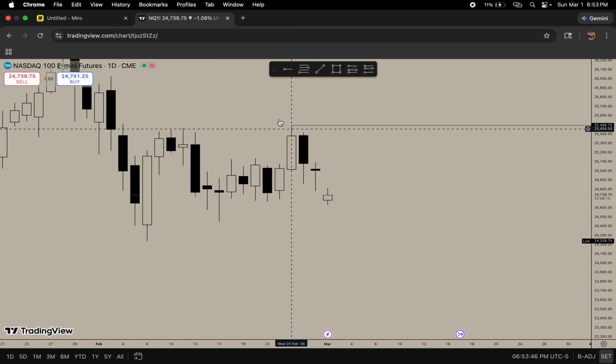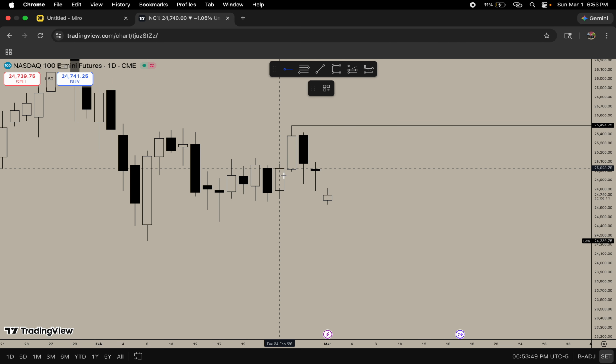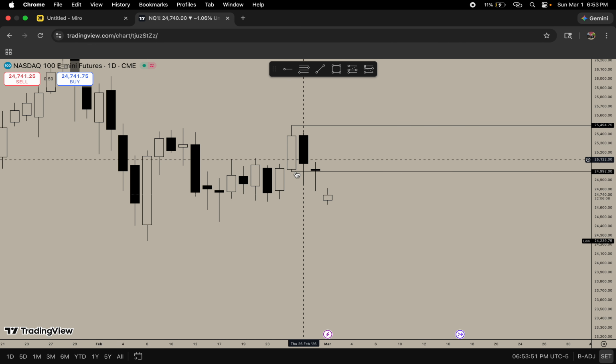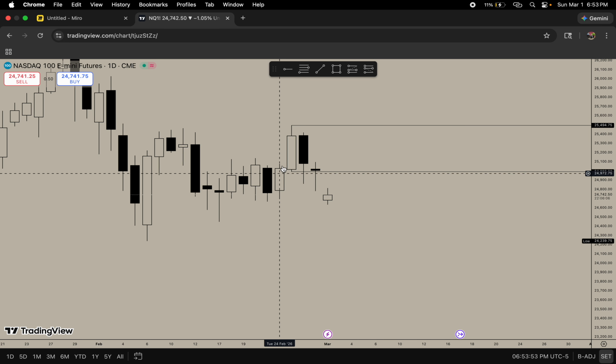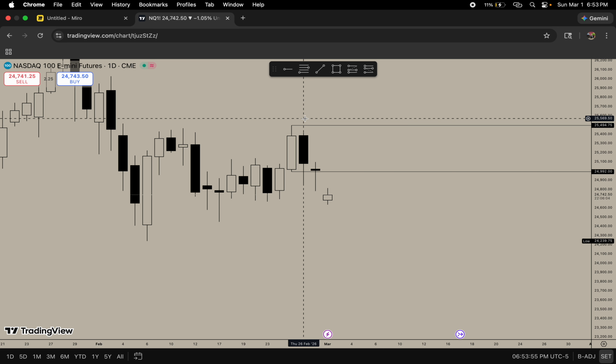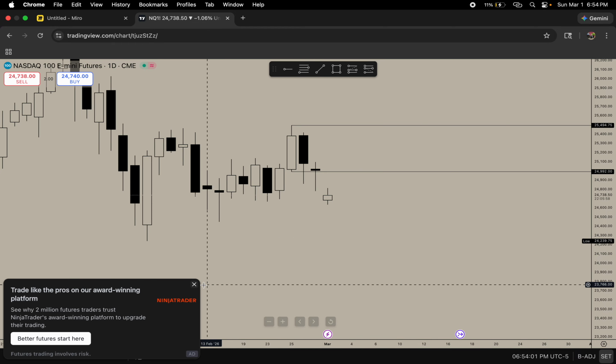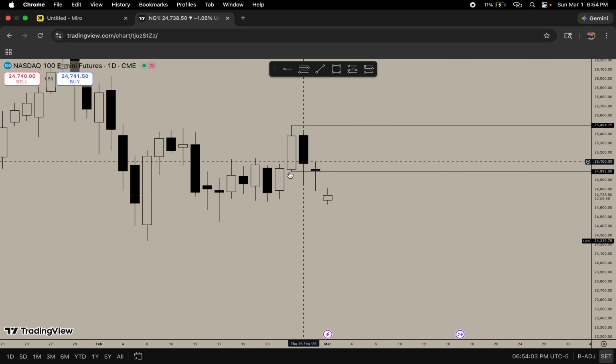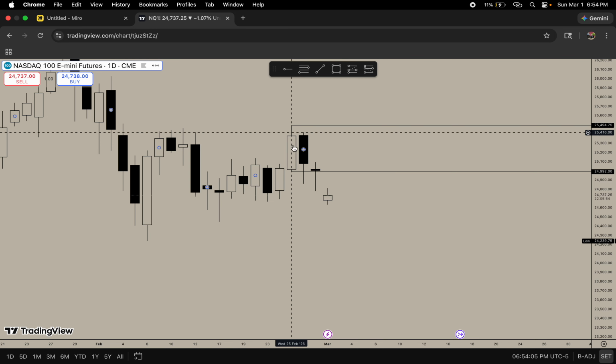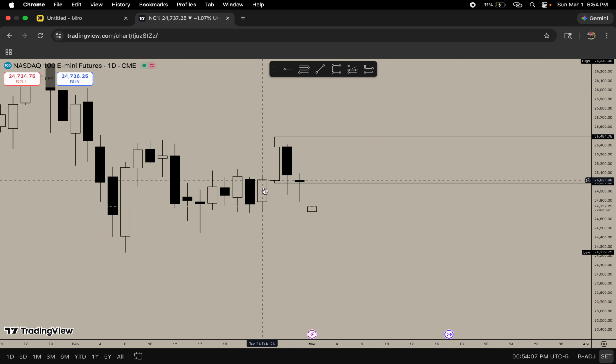But anyways, this is one way I like to look for it: we have this high, we have this low. In this case, price should have pushed past this point, but this is exactly how you use it. This is the daily.